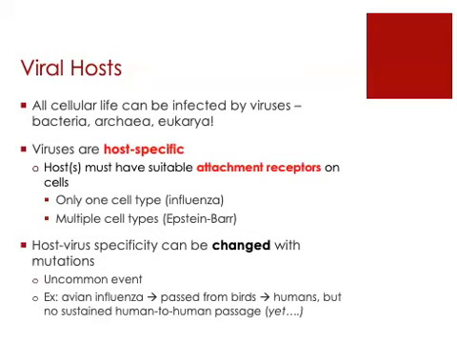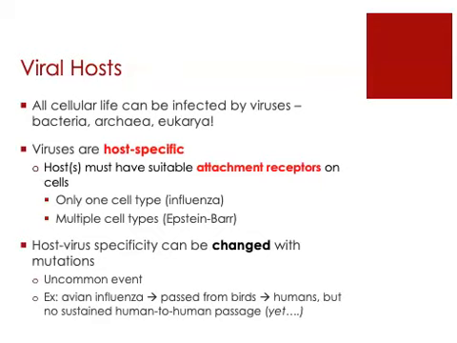Recently, we have experienced this coronavirus pandemic because we did have a mutation event that changed host cell specificity. We currently believe that this coronavirus, the SARS-CoV-2 virus, originated in a bat.